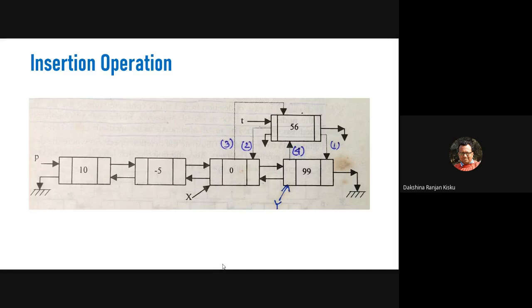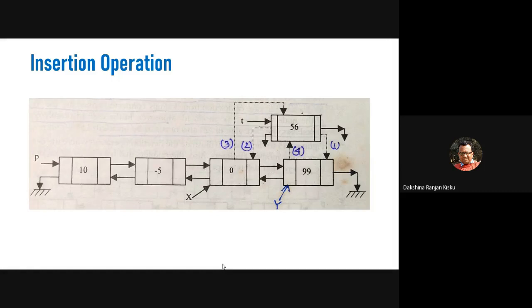And thirdly, we will update the link part. Now the link up has been made. Link up of the right pointer of the new node and left pointer of the right node are made.